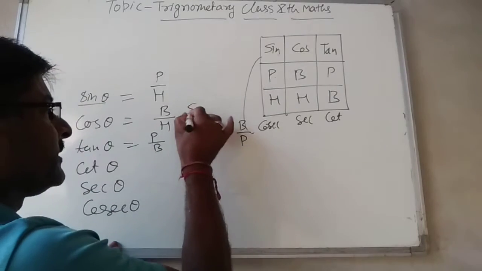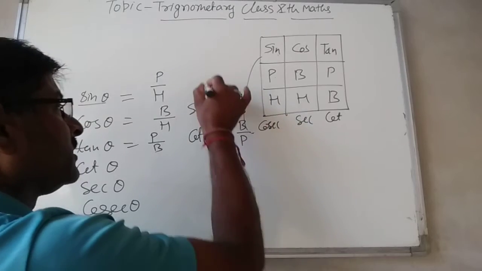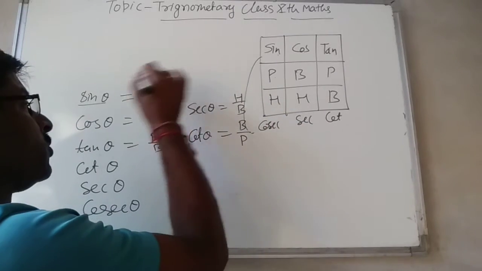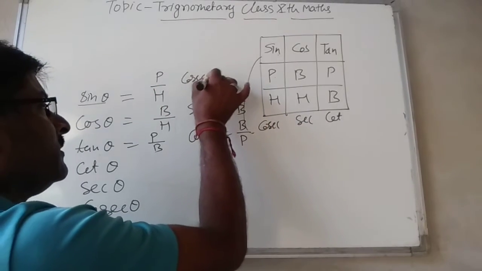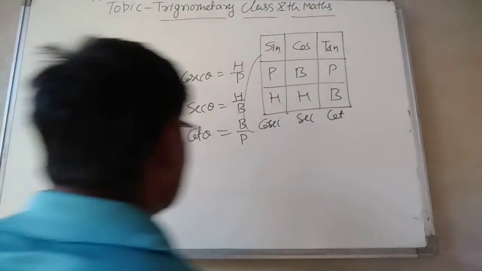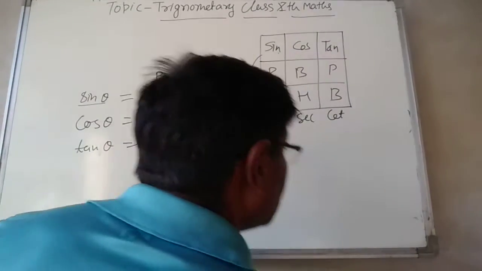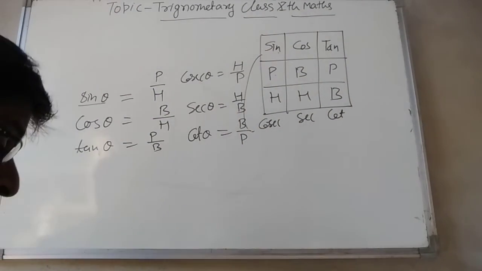Reciprocal of cos is sec, so sec theta is equal to H upon B. उल्टा कर देंगे इसको. And reciprocal of sin theta is cosec theta. This is H upon P. So you have to learn all the trigonometrical ratios. You can use this table to learn the ratios.